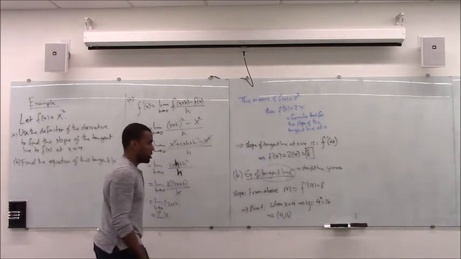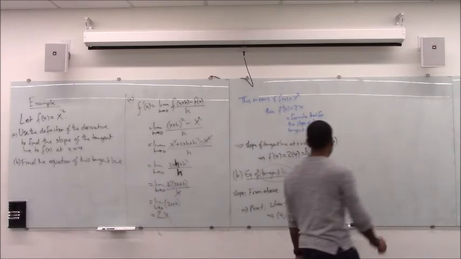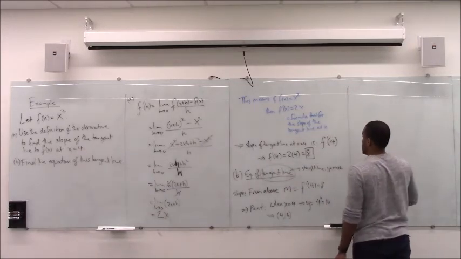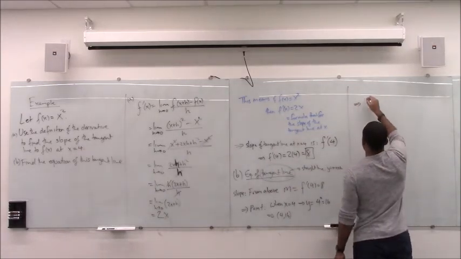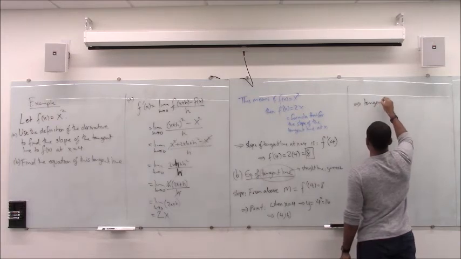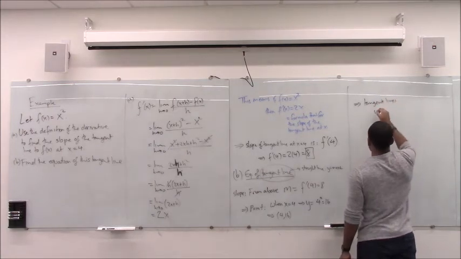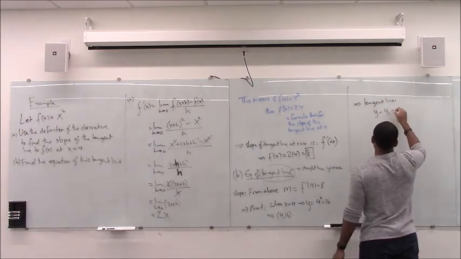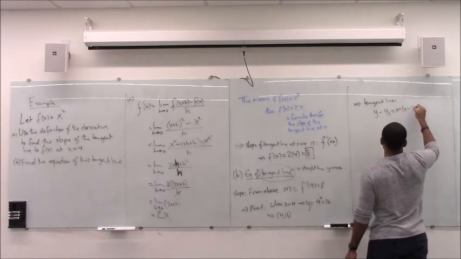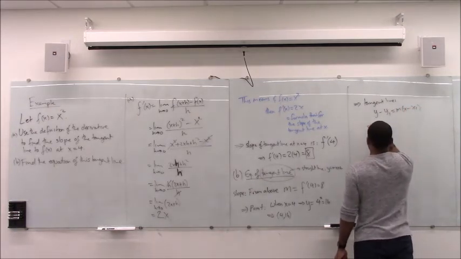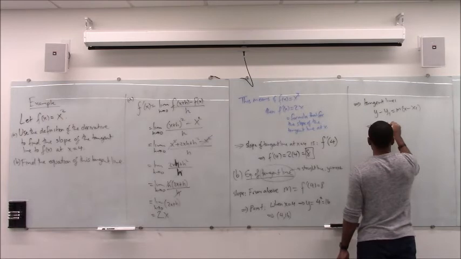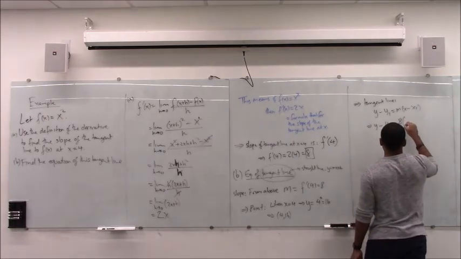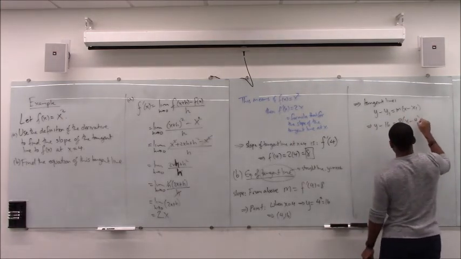So I now have a slope and I have a point. I can find the equation of a line using that. For the tangent line, use point slope form: y minus y1 equals m times x minus x1. That's y minus 16 equals 8 times x minus 4.